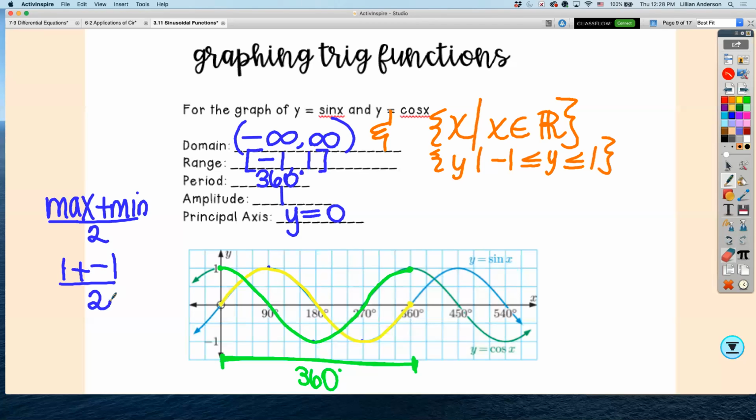Or we can look at the graph and say, okay, I need a horizontal line that basically splits my graph in half, where the graph goes above that line the same distance as it would if it were to go below that line. And so that's why y equals 0 is our principal axis. We can either use the formula or we can look at the picture and recognize. Some people can see it, others need to use the formula.